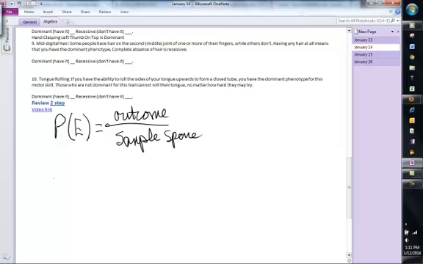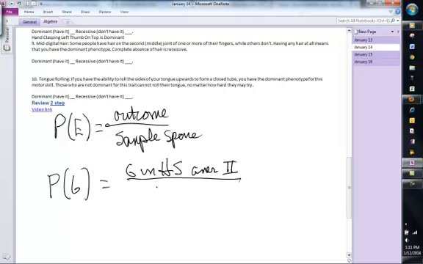The probability of a girl is the number of girls in high school, that's the girls in high school that aren't in our Algebra 2, divided by the number of high school students not in Algebra 2. Okay? And if you get that probability down, it's going to be a certain number. I don't know what it is.